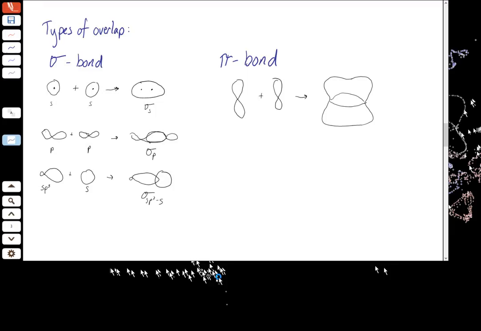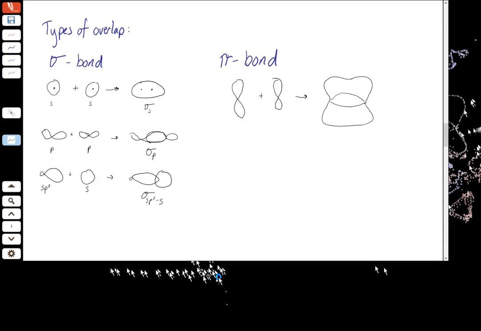It'll look a little bit better with their nice pictures. Yes, there it is. Okay. So you can see here now the two p orbitals can kind of smash together and make this pi bond, which is different from a sigma bond. It has a node in the middle, so an area of no electron density.